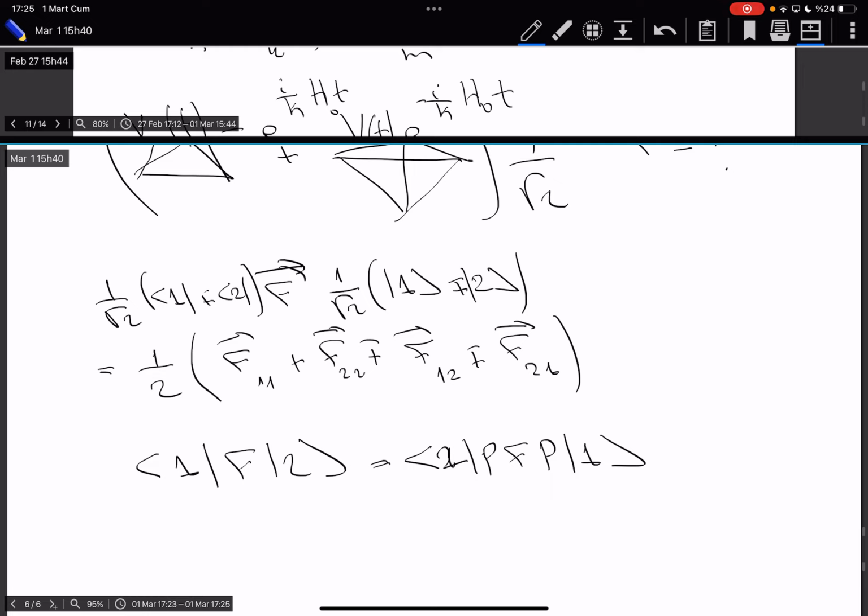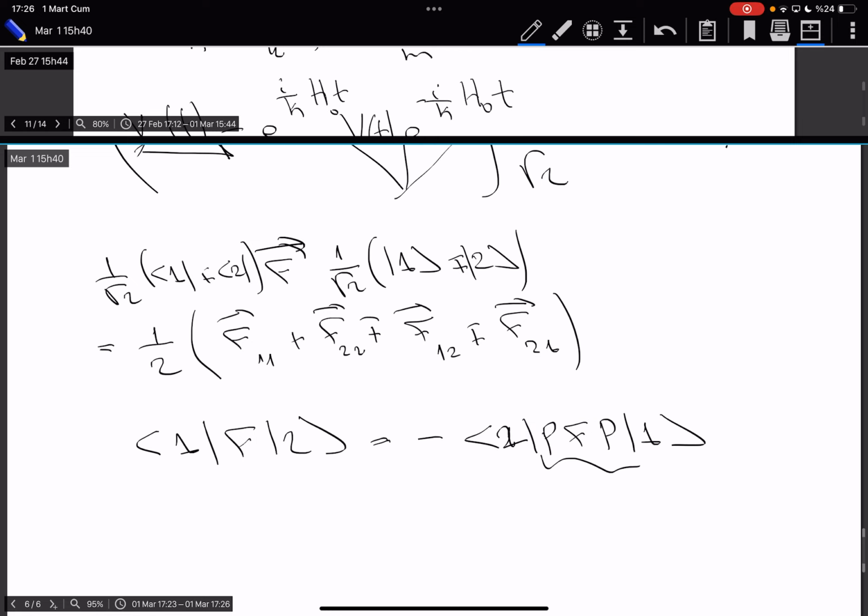Well, you see, if you have a uniform force, you see that these two have a sign. Sorry, here there is a minus sign over here. No, okay. But the force being a vector, this is what I would obtain. Where is there a minus sign?